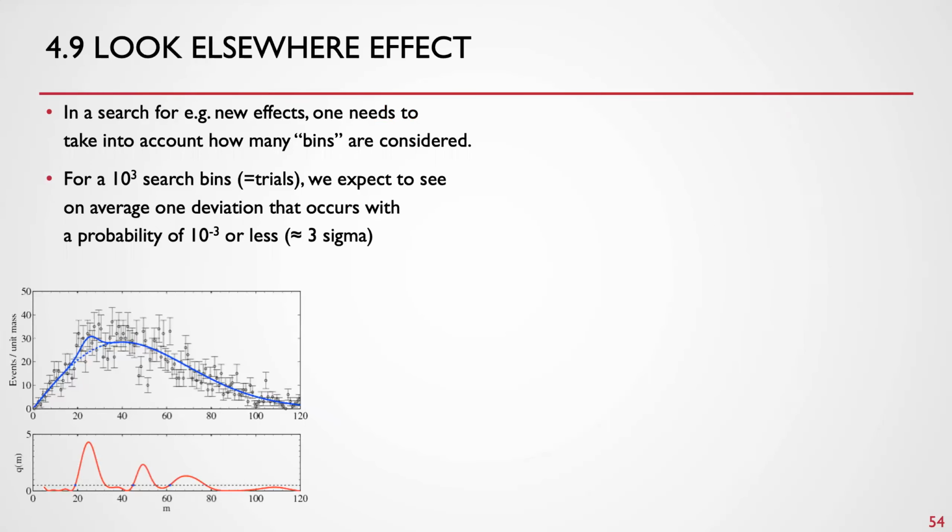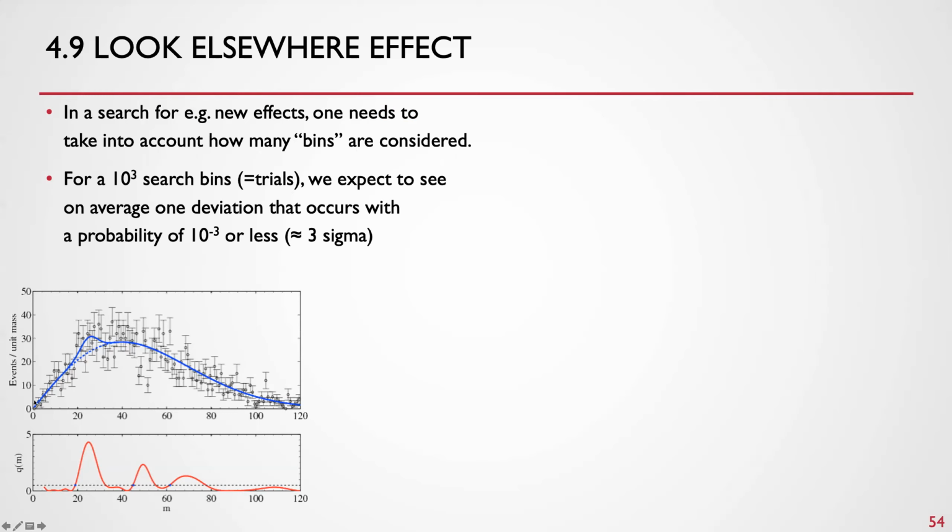Now let's look at the look-elsewhere effect. The look-elsewhere effect is the statistical effect of looking elsewhere, of conducting a search in many search bins simultaneously. In a search for new effects, one needs to take into account how many bins are considered.